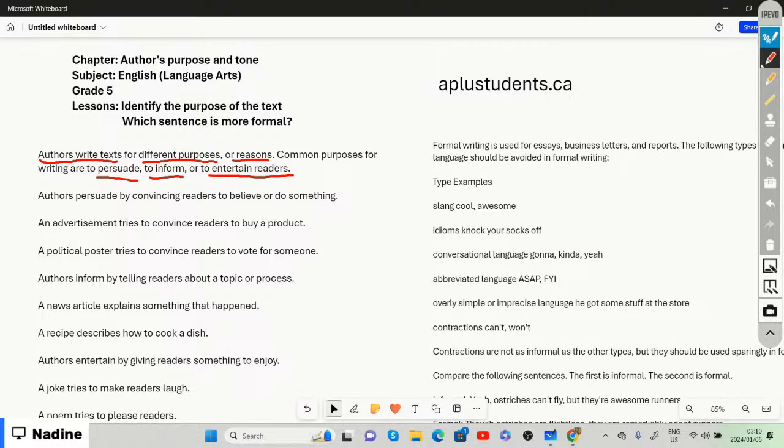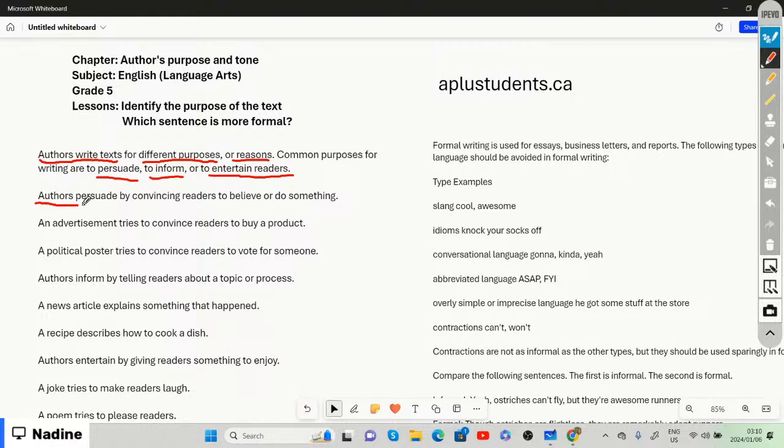And also their purpose is to persuade readers. Because remember, they also have more than one book. So depending on how you like the book, you'll then definitely buy another book of that same specific author. So authors, they persuade, right?